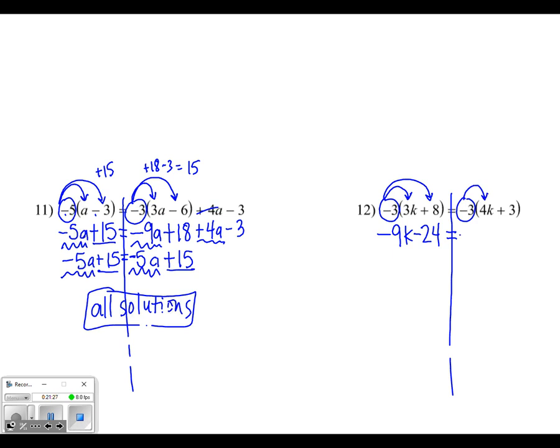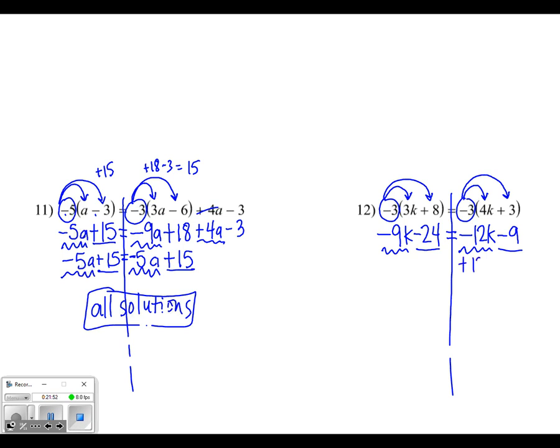Negative times positive is negative. 3 times 4k is 12k. -3 times positive 3, that's going to be -9. Because negative times positive is negative. Okay, variable, constant, variable, constant. Looks like I don't have anything else to combine.